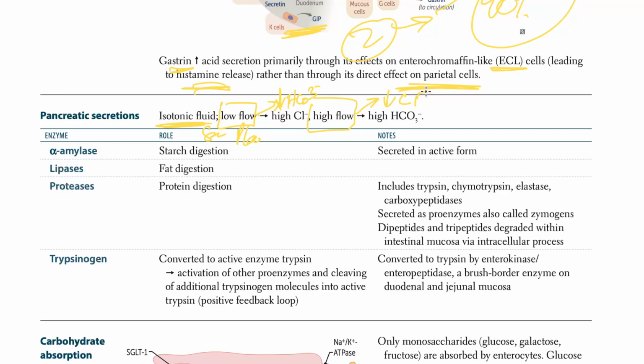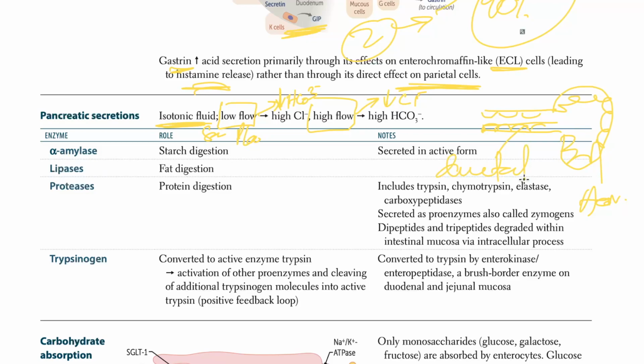So let's talk about how. Bicarb gets secreted from the ductal cells. You have the ducts, which are called ductal cells, and you have the acinar cells, the acini. Acinar and ductal.